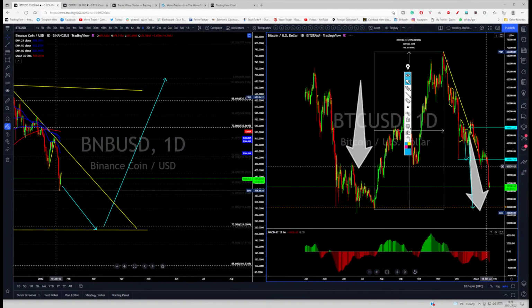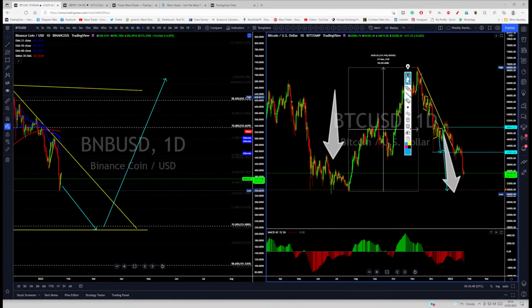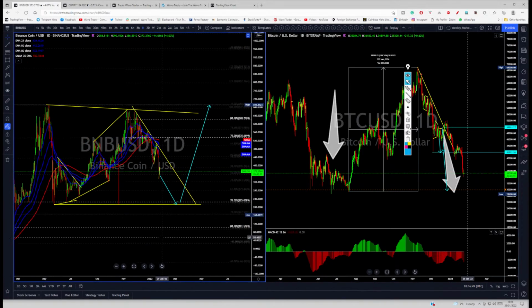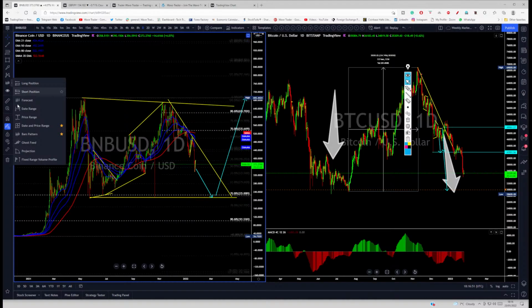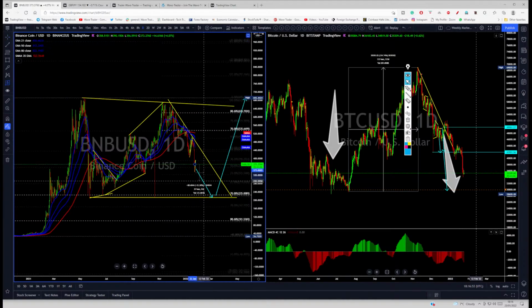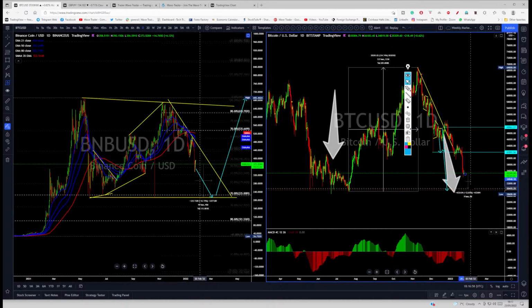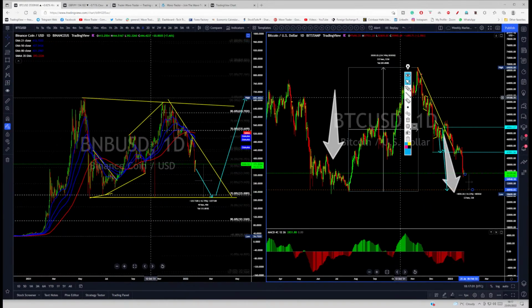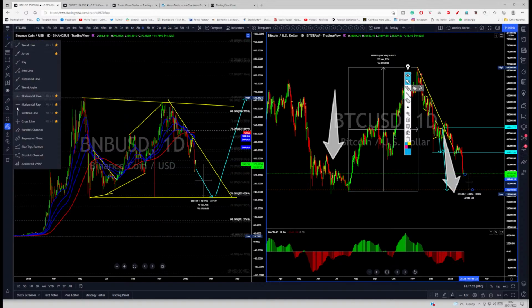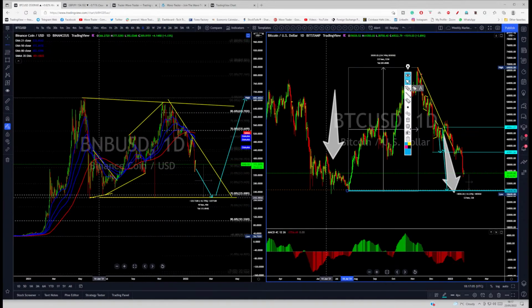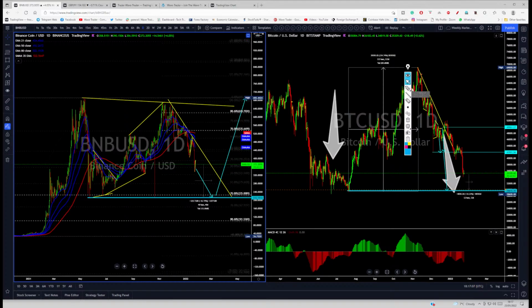Bitcoin is just about to test that, just 15% away from this previous floor. And BNB is still 41% away from that previous low, about 40% away from its previous floor.